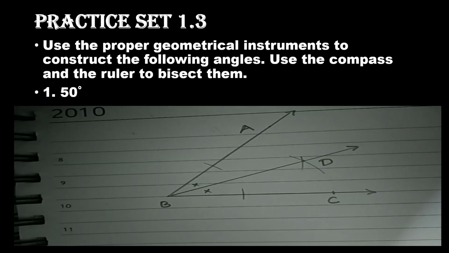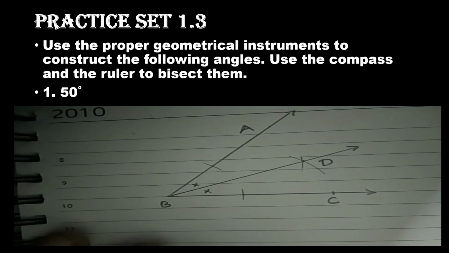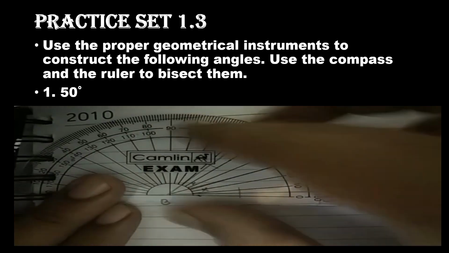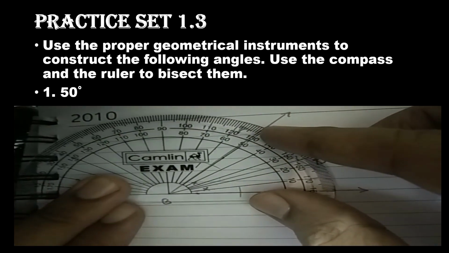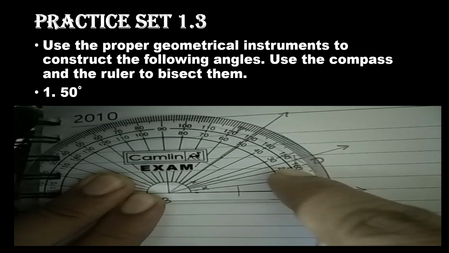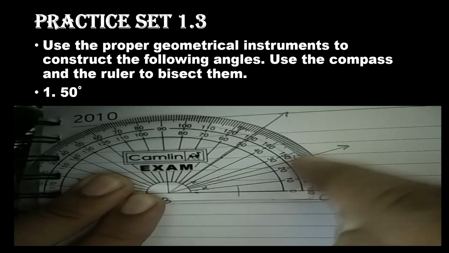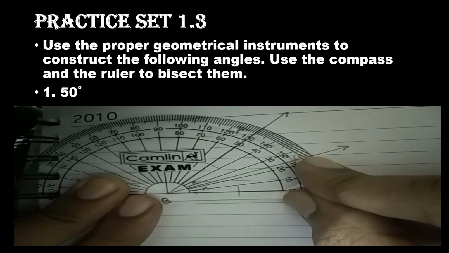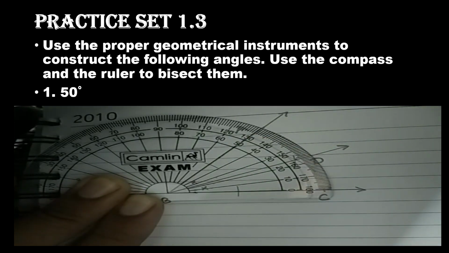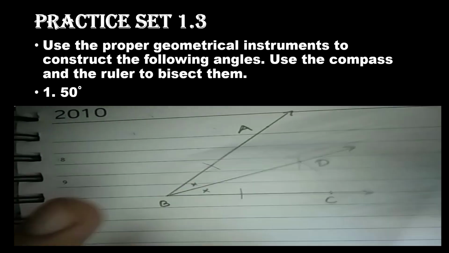Bisect means 2 equal parts. Okay. If you want, you can verify it using a protractor. So you will find that it is exactly 25. Is it clear? So half of 50 degree is 25, isn't it?